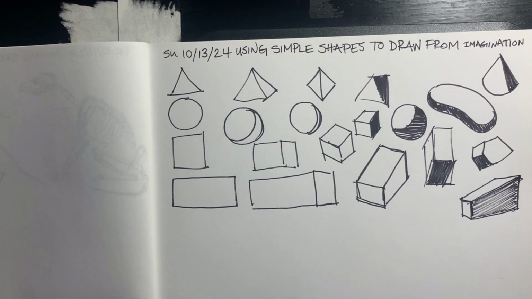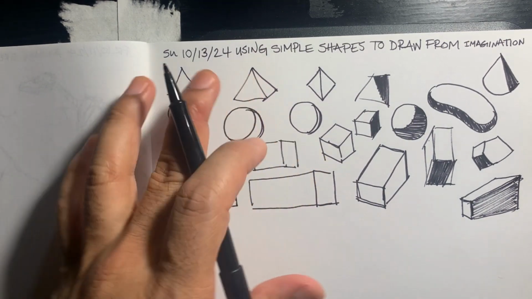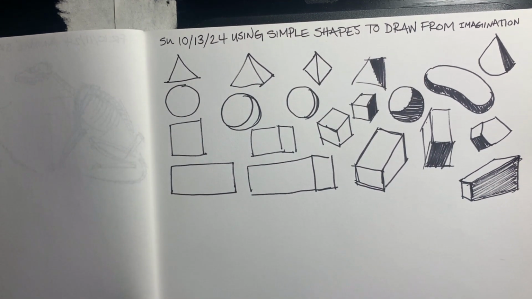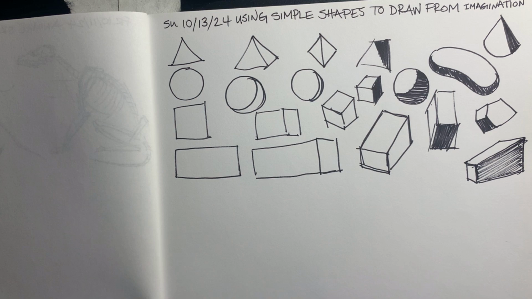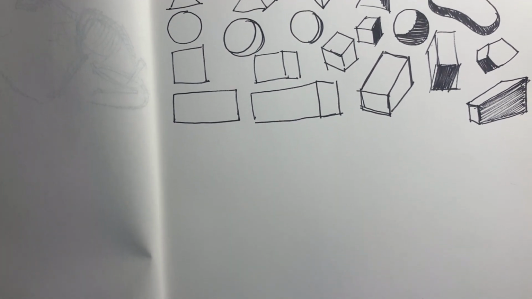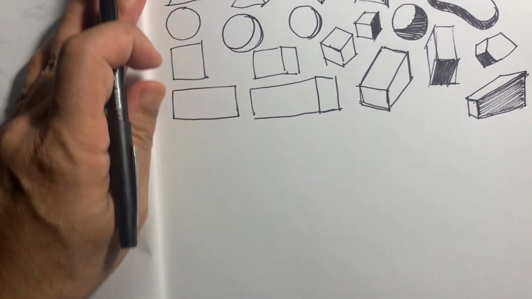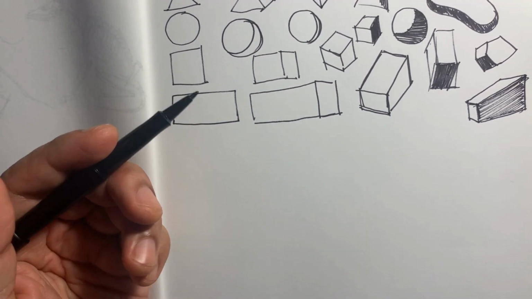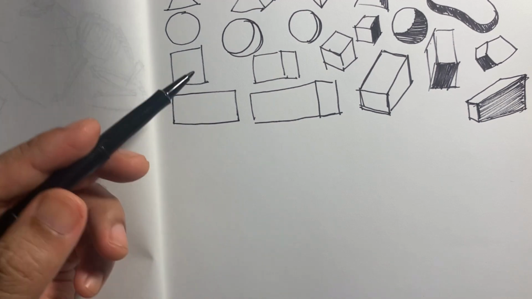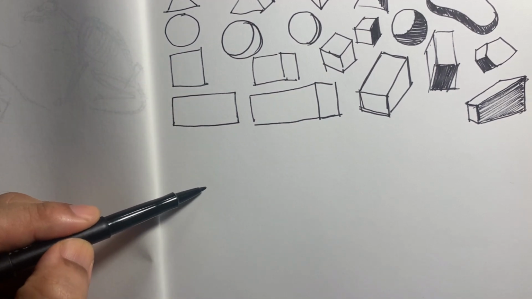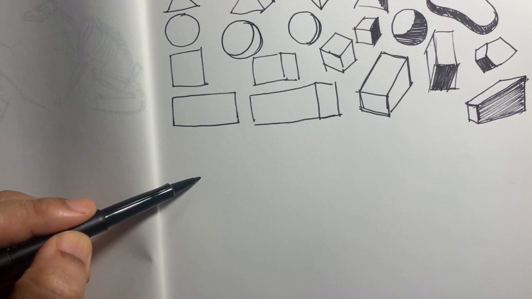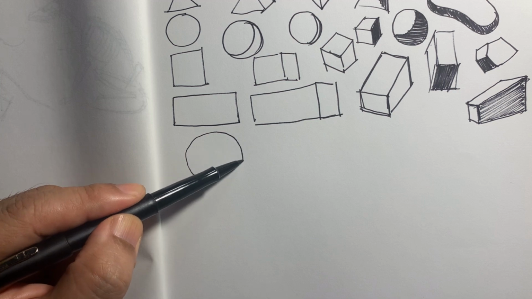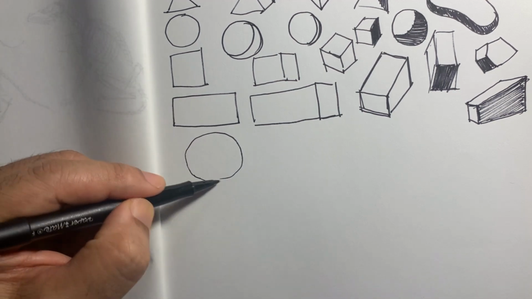Another way to approach it, just going back to the topic, using simple shapes to draw from imagination. So we've drawn stuff from imagination. And then next would be, what if you took an idea for a tree, for example, and thought of it as a spherical shape, because sometimes they look like that.